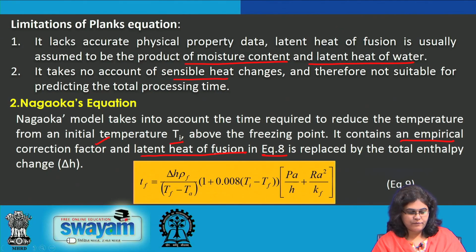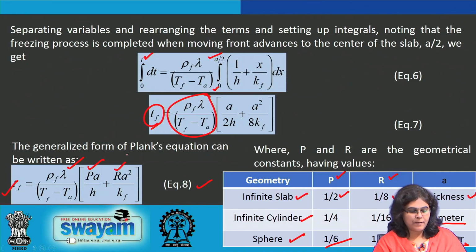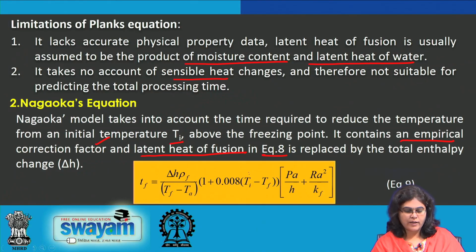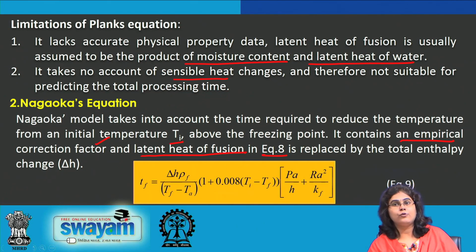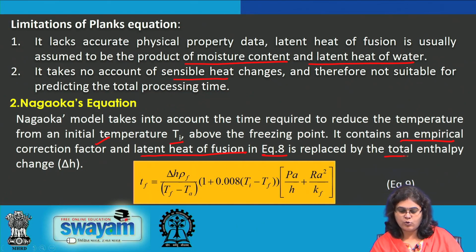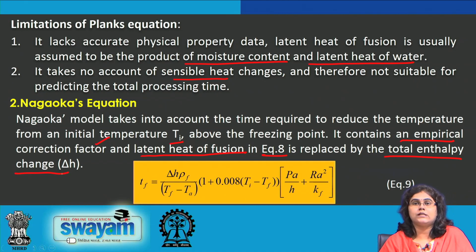Latent heat of fusion is considered by Planck's equation, but in Nagaoka's equation this latent heat of fusion alone is replaced by the total enthalpy change during the process, that is delta H, the total heat load.